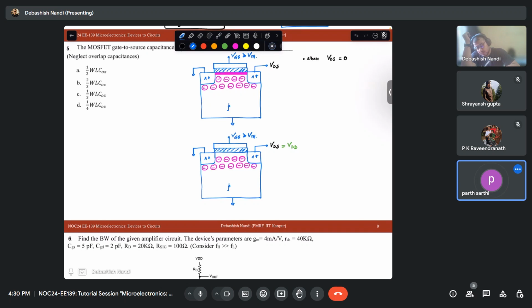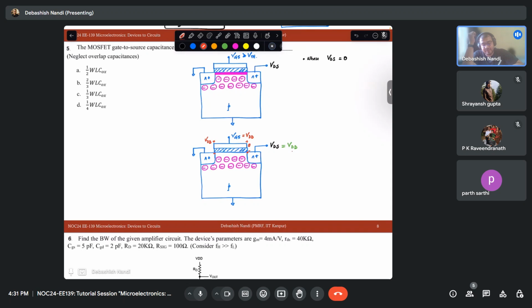When we compare VC to VGS, at this point, what is the voltage? Let's say you are applying VDD here also, okay? So at this point, what is the voltage? VDD. Yes, sir. At this point, drain end, what is the voltage? It is zero, right?